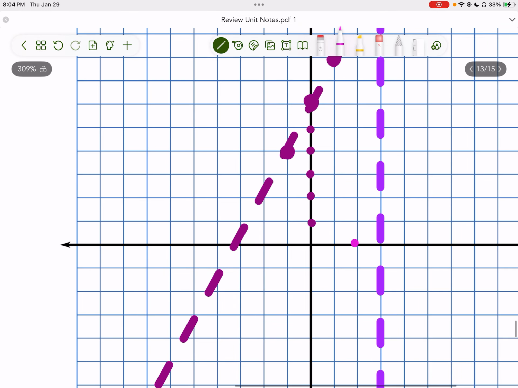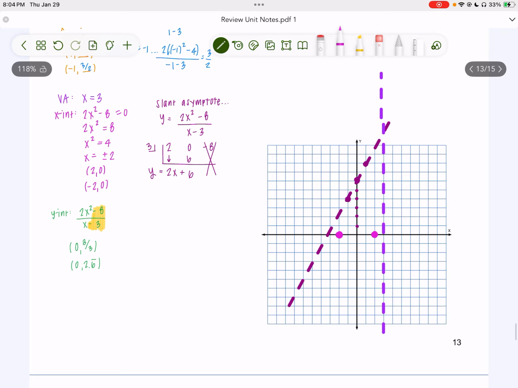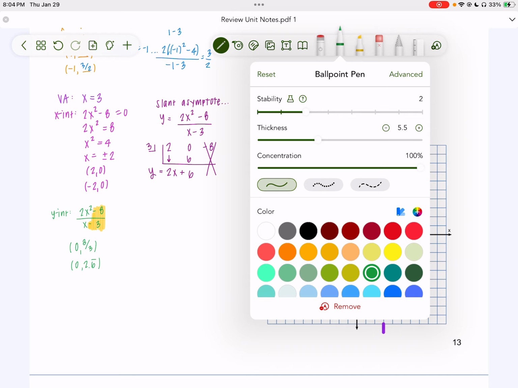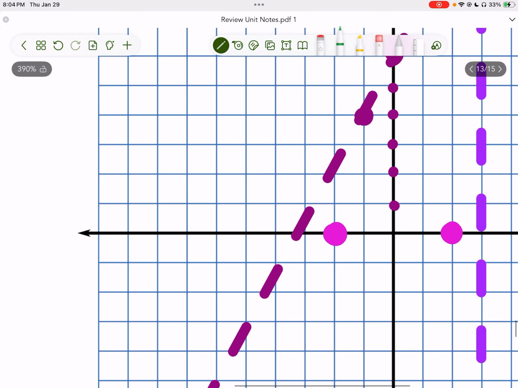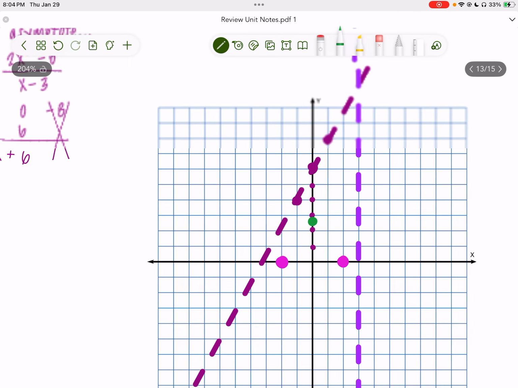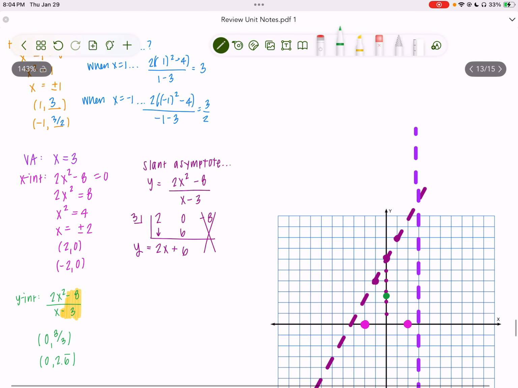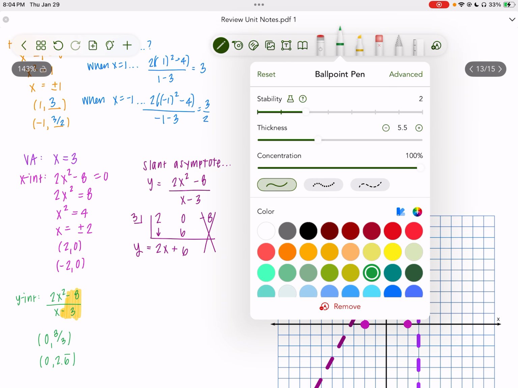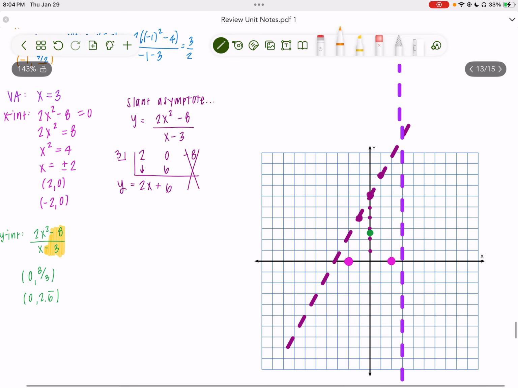We'll do our x-intercepts. 2 and negative 2. So there's 2 and negative 2. We'll do our y-intercept. 2.67, so roughly there. Okay, let's do the holes. I'll do those in orange at 1, 3.